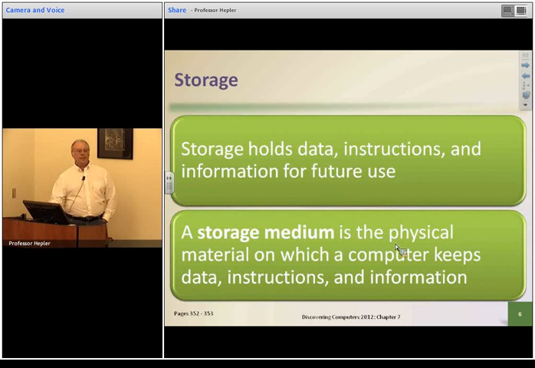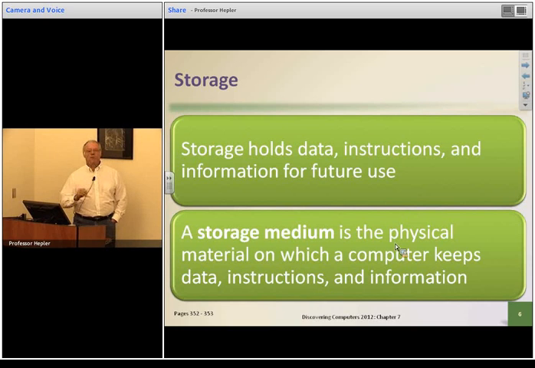The screen I'm looking at, this PowerPoint you're looking at, is information. It's stored on a hard disk in zeros and ones. And we'll talk about how that happens in a minute. A storage medium is the material that the data is stored on, and I would modify that a little bit. There is physical material somewhere.